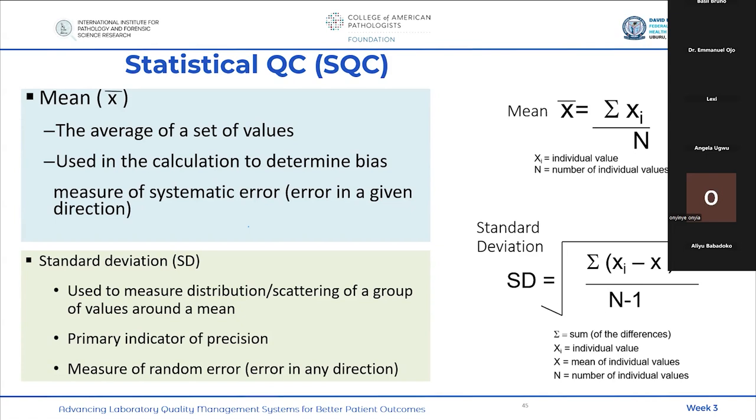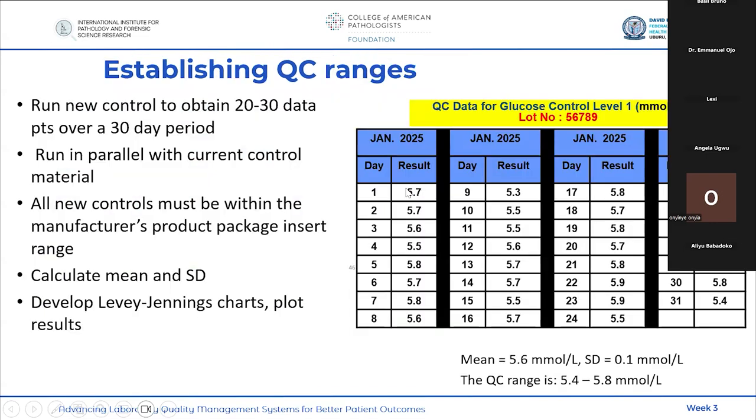Of these two statistics, the standard deviation talks about precision, which is the measure of reproducibility, while the mean talks about how close the measurand is to the target value. And of course, this is the formula for mean and standard deviation.